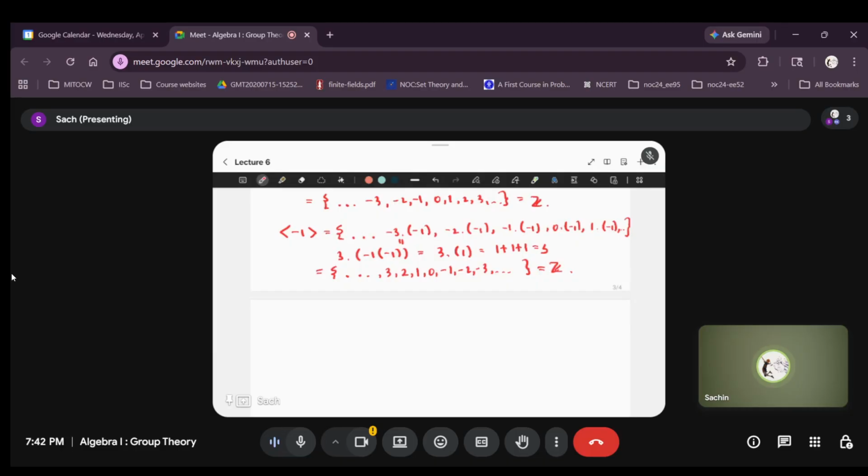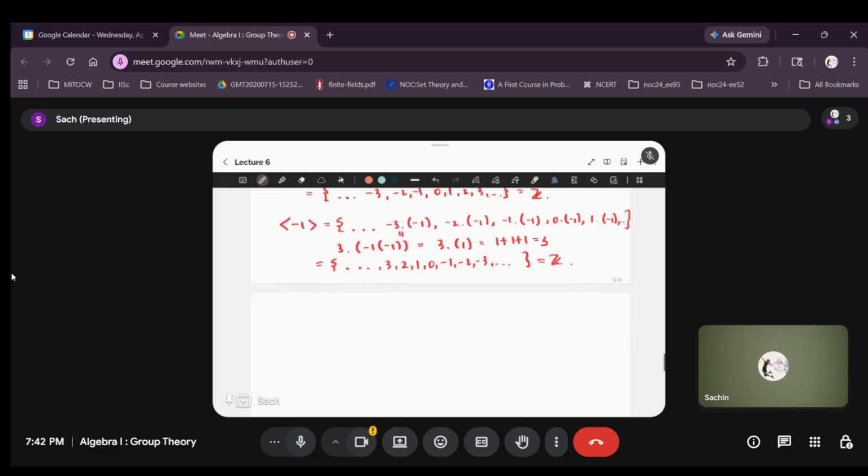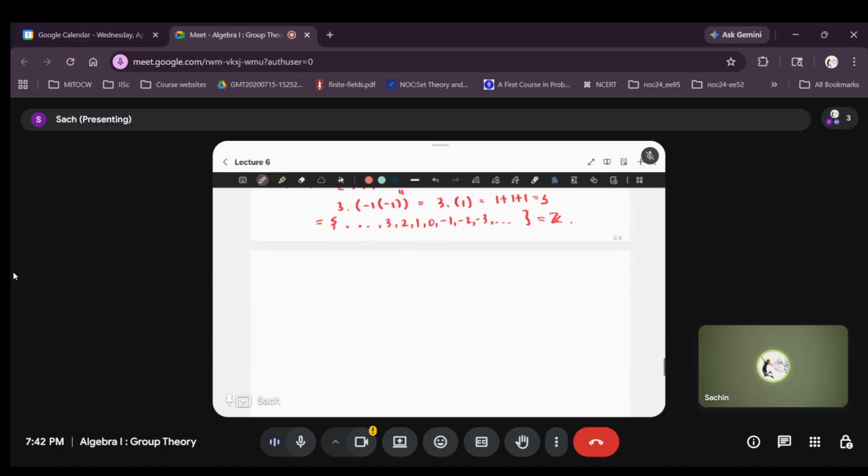Those things can be proved by using the next fact or theorem that I will show. Before that, I will show something else. We'll take this as a lemma.